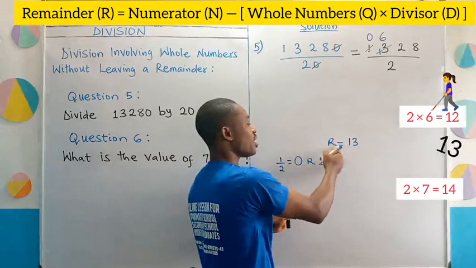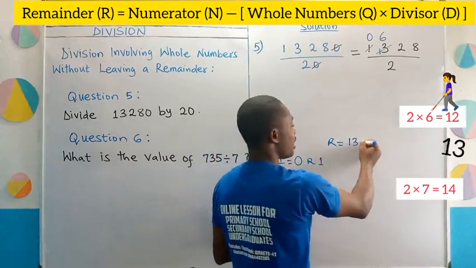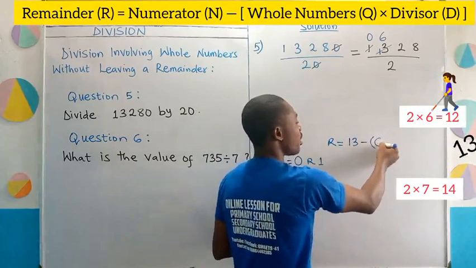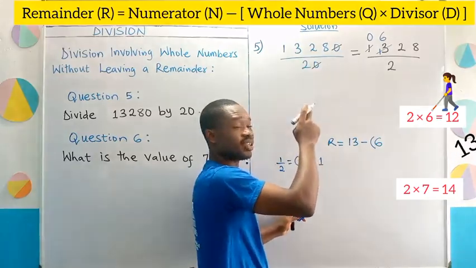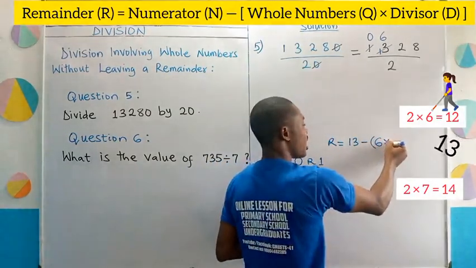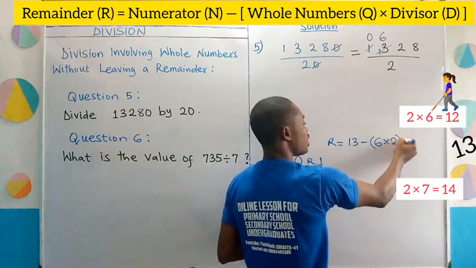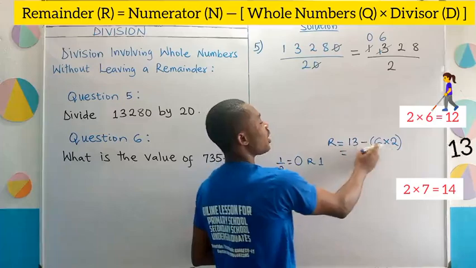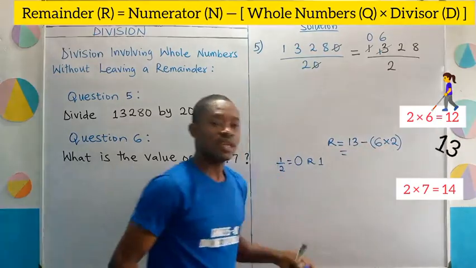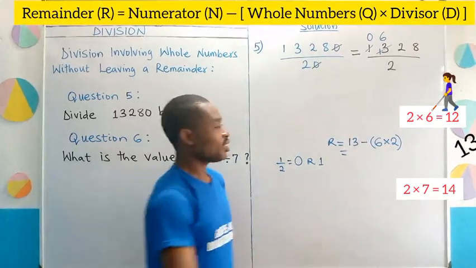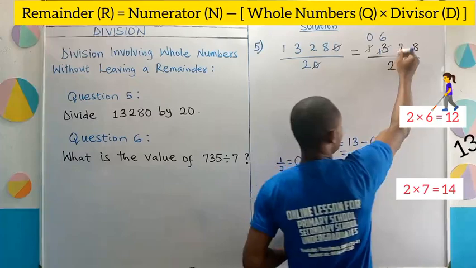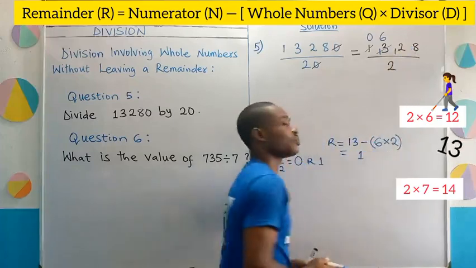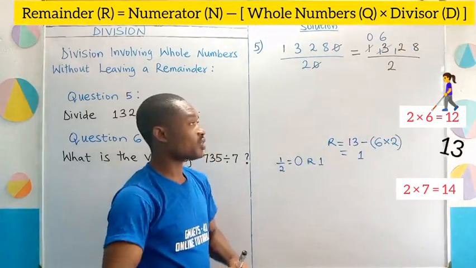The remainder, let us say R, is equal to 13 that I divided, minus the whole number of times, which is 6, because 2 divided 13 6 times, then times that denominator 2 that I'm using to divide. If you work this out, finish with the bracket first. 6 times 2 is 12. 13 minus 12 will give you 1. So the remainder will be 1. Attach that remainder 1 to the next digit.